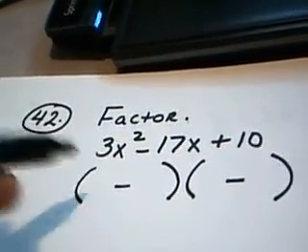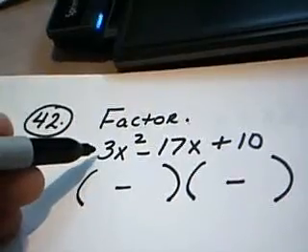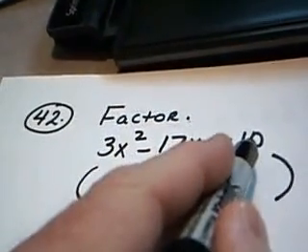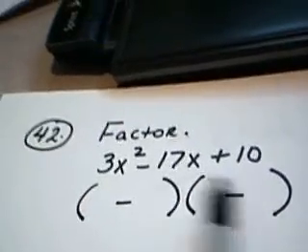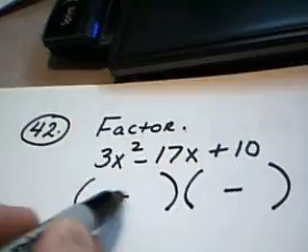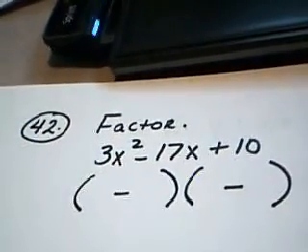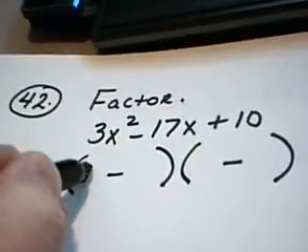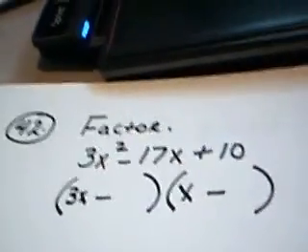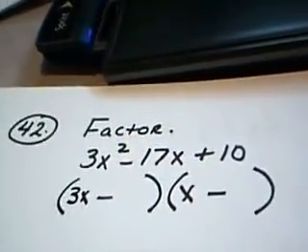Now, the front two terms multiply together to give me 3x squared, and the back two terms multiply together to give me a positive 10. Two negatives are going to be used to do that. If I put a 3x and an x in the first position, what I have to do is try to come up with combinations that will work.